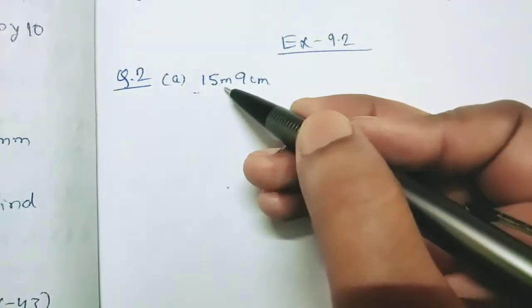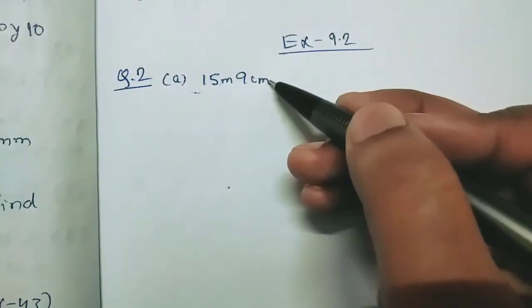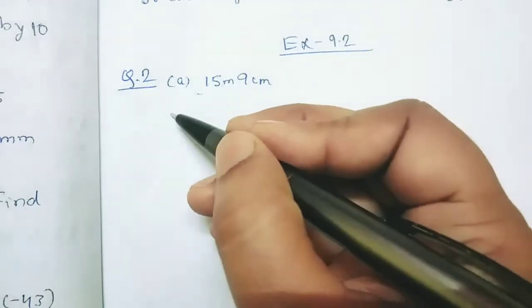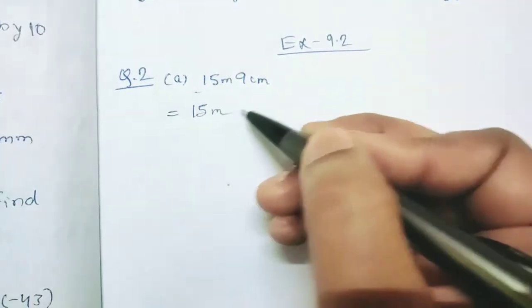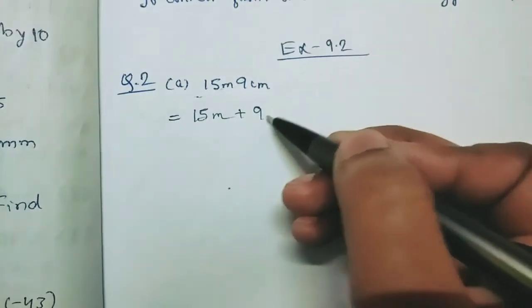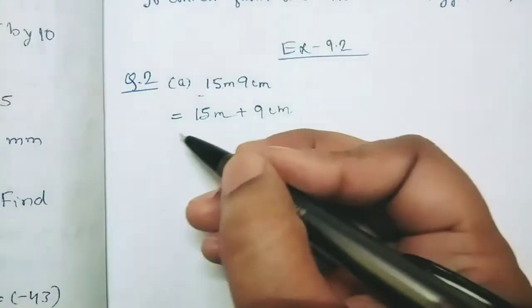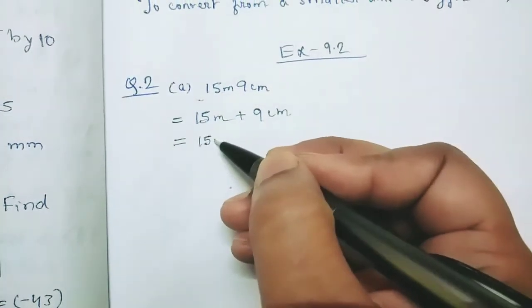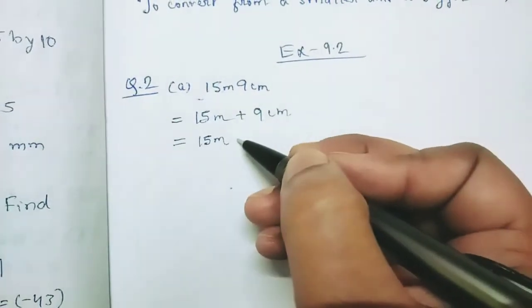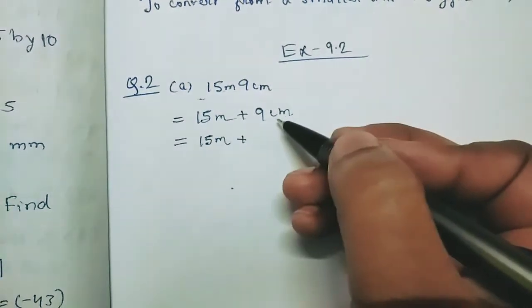So no need to convert this. We have to convert only this 9 centimeter into meter. So what to do? So we'll separate these two things, 15 meter plus 9 centimeter. Okay, separate like this by giving plus sign. We will not touch this because this is already in meter. We'll write as it is. Now we'll convert this 9 centimeters.